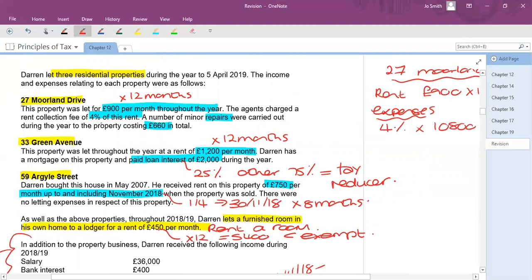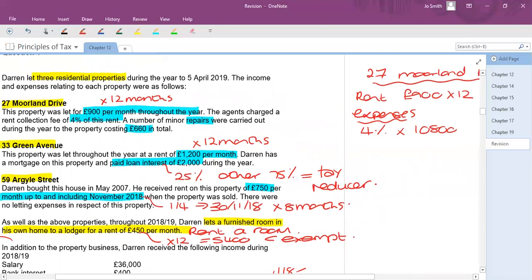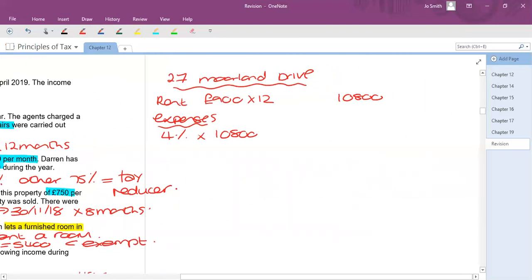So this is this here. He has a collection fee, so he's charged that 4% of his income, which is 432. And then he's also got those repairs in that property that he's allowed to claim for, which is 660. So in total, his income will be 9,708.